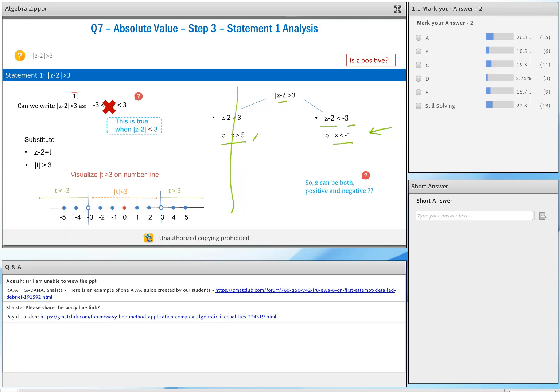So this case is not applicable at all because of the information that's given to me in the question statement, which means that the only case in which mod of z minus 2 is greater than 3 is z less than minus 1. This is the only case that is possible, which means that z is indeed negative, which means that statement 1 is sufficient.